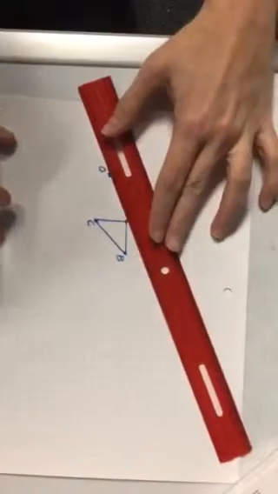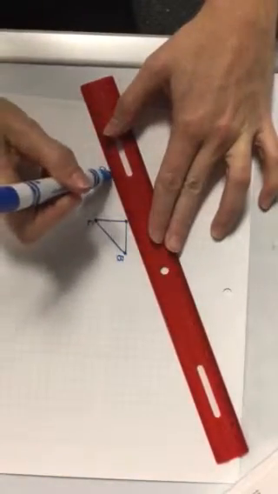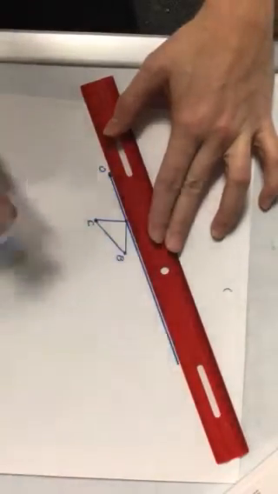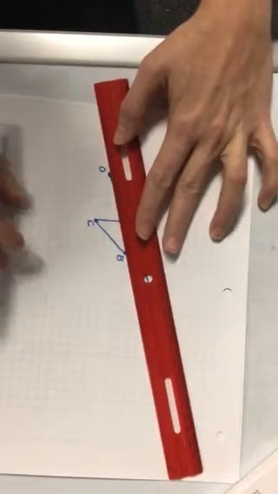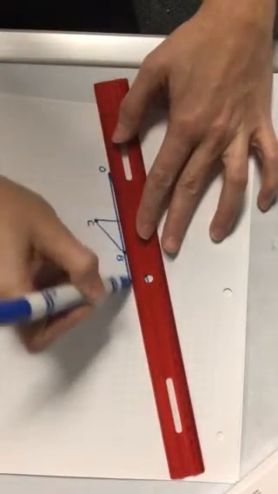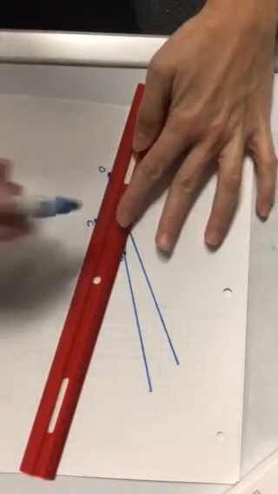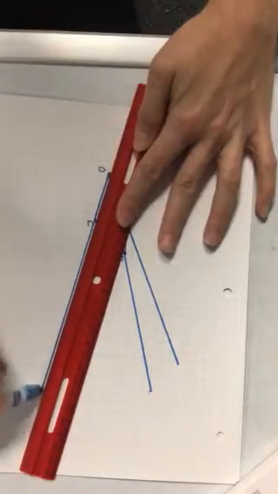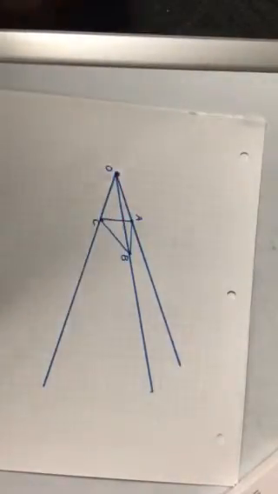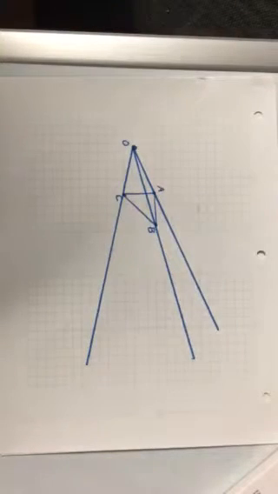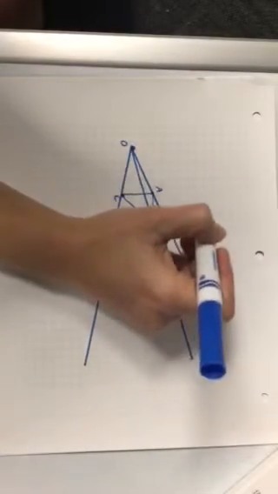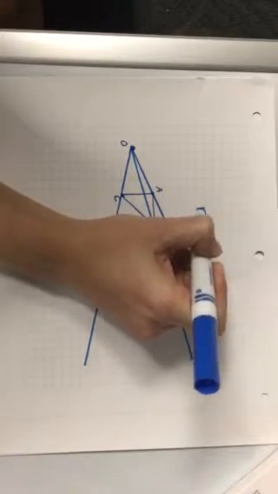So we're going to take O and we're going to create a ray that goes through A. We're also going to create a ray that goes through B. And create a ray that goes through C. Just like that. This time we're going to dilate by a scale factor of 3.